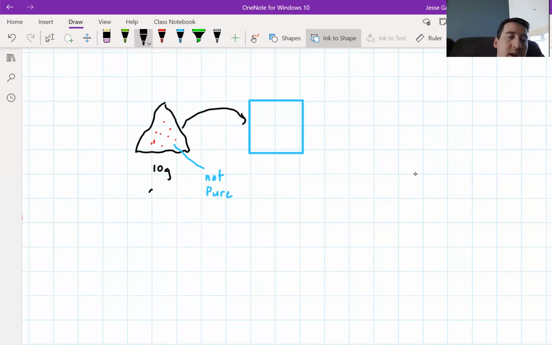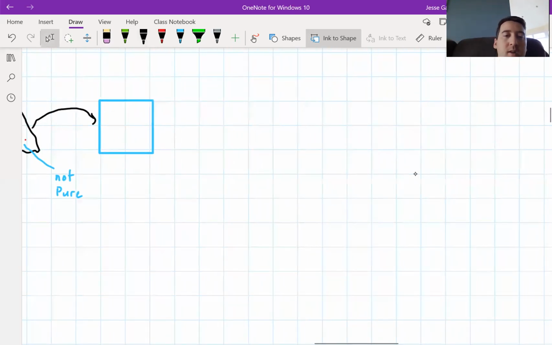It might be only 9.8 grams that are the black particles. That might not seem important because it's only 0.2 grams, but that's exactly what we're talking about here. Standard solutions have to be accurately and exactly known. So to make standard solutions, our solute must be pure. If it's not pure, it's no good.